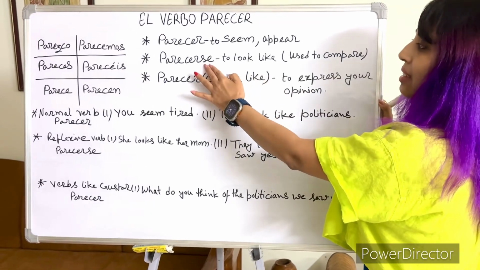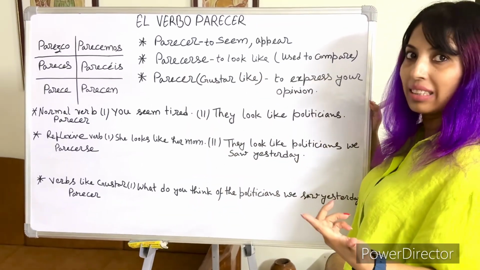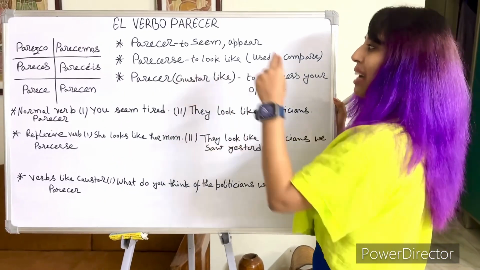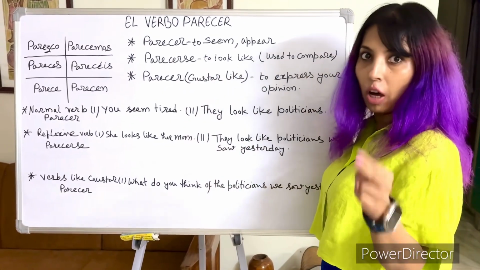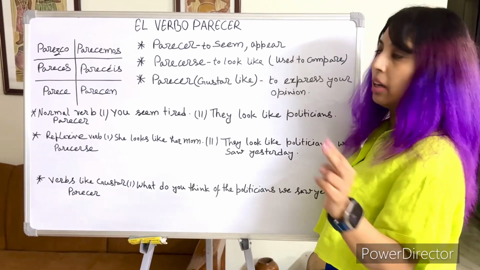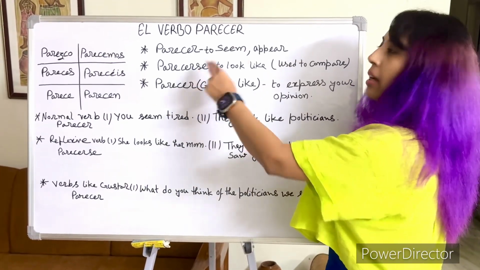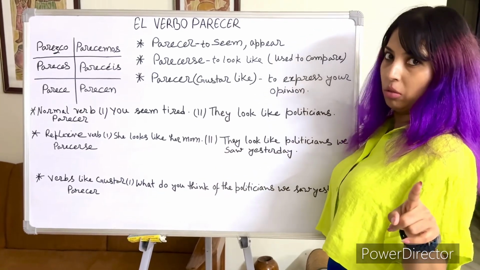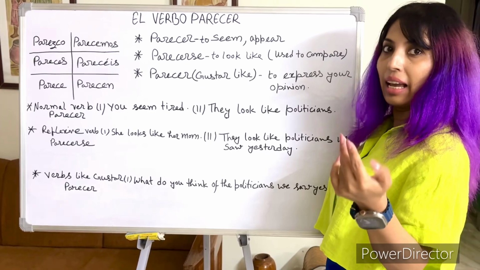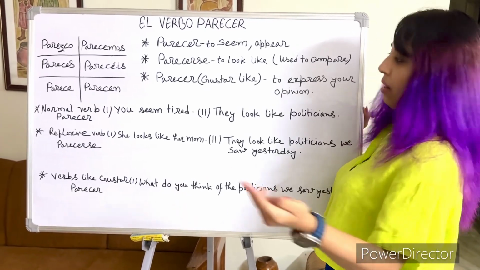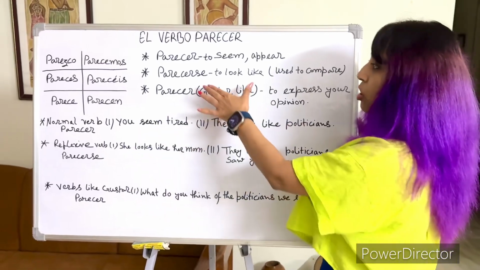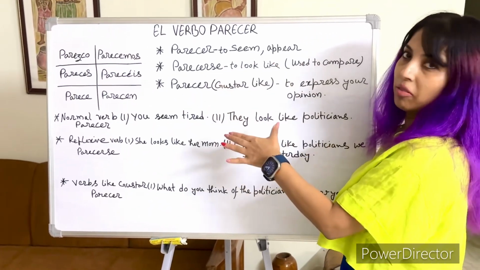When "se" is there, you know this is a reflexive verb, and when we use this structure, instead of the subject pronouns yo, tú, él, ella, usted, we use reflexive pronouns: me, te, se, nos, os, se, and the normal conjugation as per the subject of the sentence. So that is your reflexive verb.